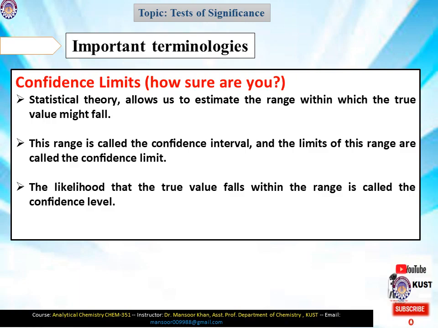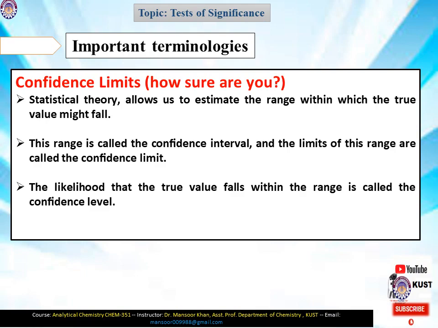Remember one thing: with an increase in the confidence interval, the probability of presence of the true value or accepted value is high. So when we increase the interval, the confidence level is also going to increase.